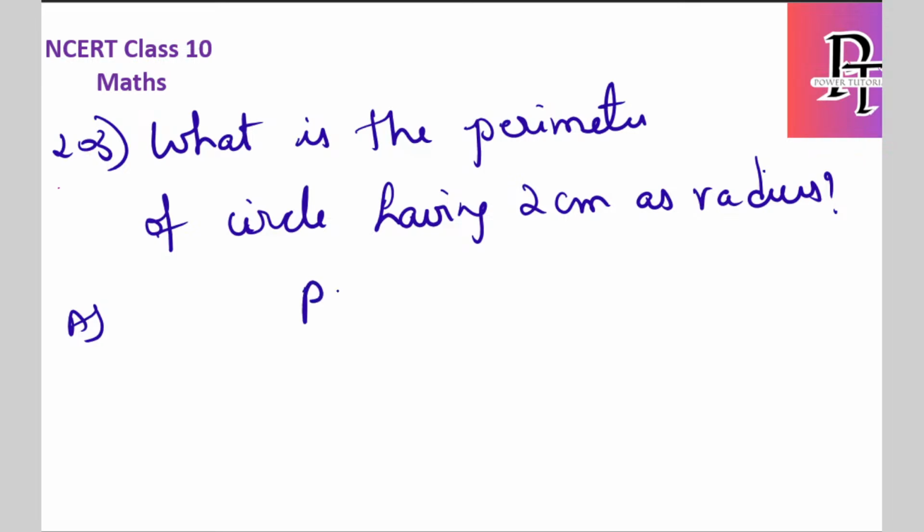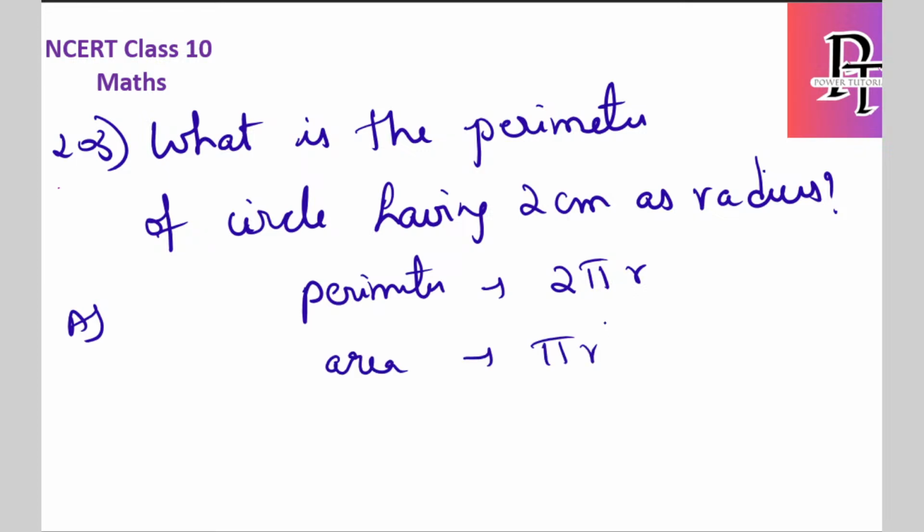The circumference of a circle is 2 into pi into r, whereas the area formula is pi r square. You have to remember these two formulas with respect to circles.